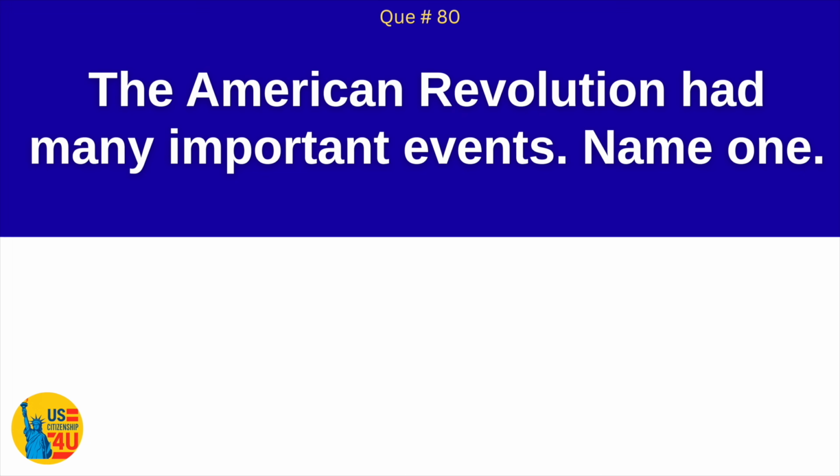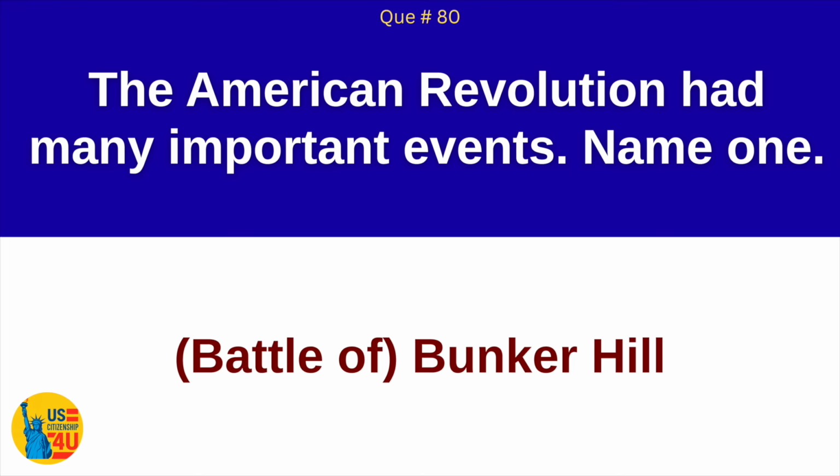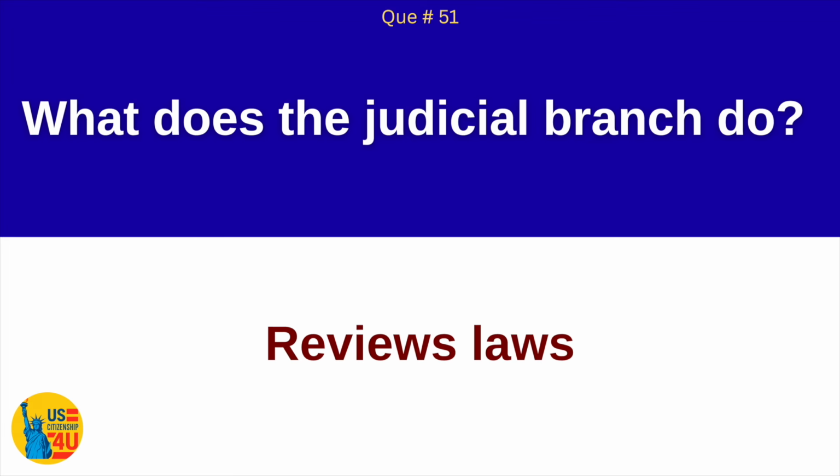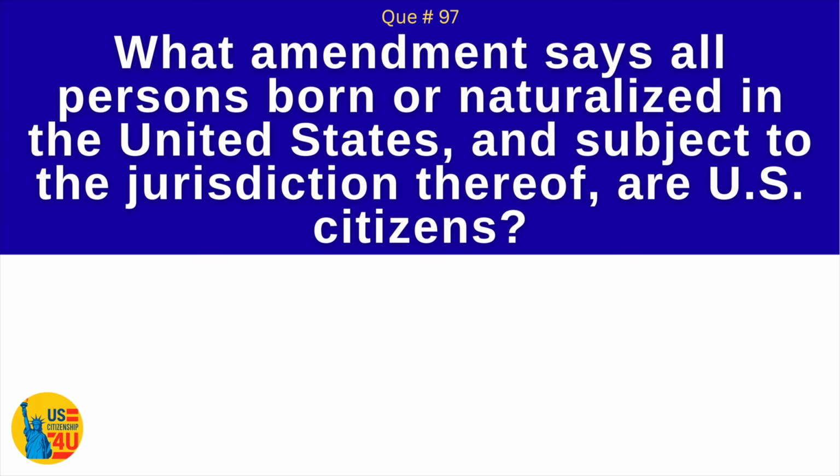The American Revolution had many important events. Name 1. Battle of Bunker Hill. What does the judicial branch do? Reviews laws. What amendment says, all persons born or naturalized in the United States, and subject to the jurisdiction thereof, are U.S. citizens?